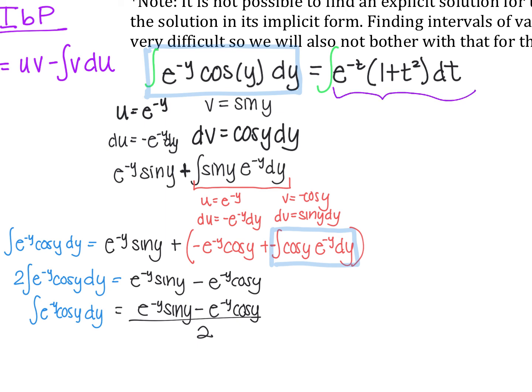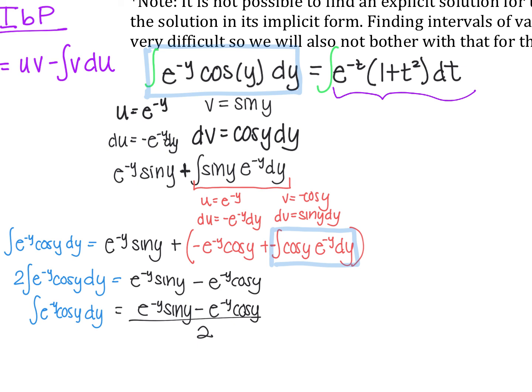There is one more side. And this too would be integration by parts. But let's think about it. We talked about a technique with integration by parts that says, if I have a polynomial, do I have a polynomial? Yes, I have a 1 plus t squared. That's a polynomial.